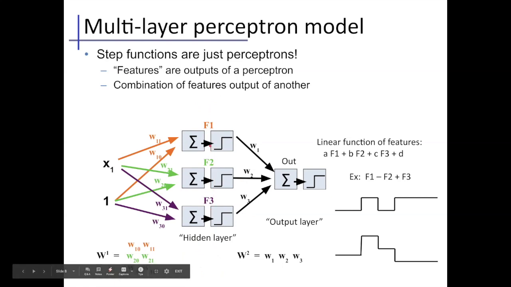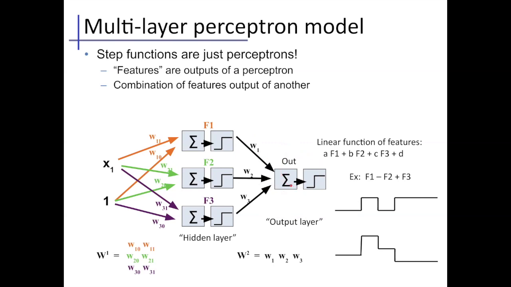These three perceptrons use the same x as the input, but combine it differently, so the weight parameters are different. After you have generated the step function features, you can construct another perceptron.